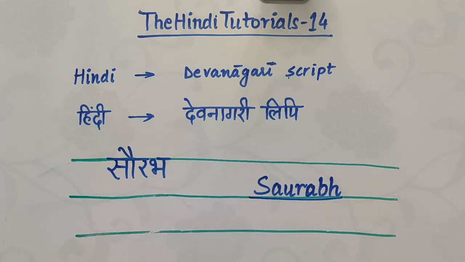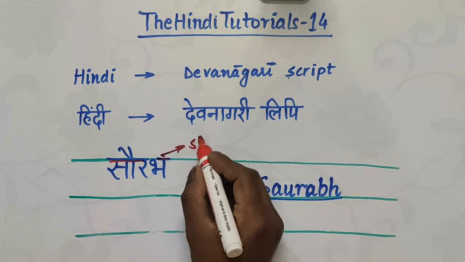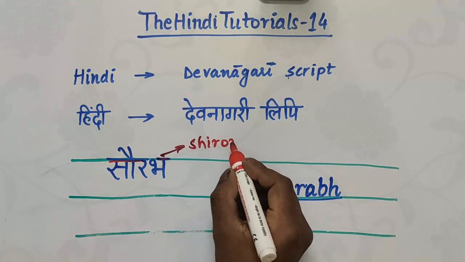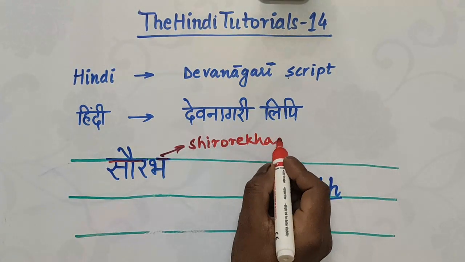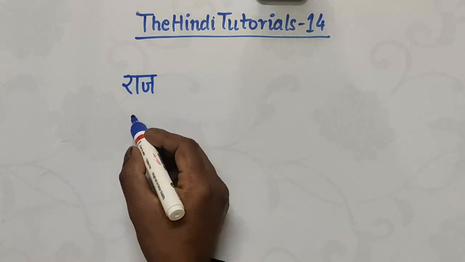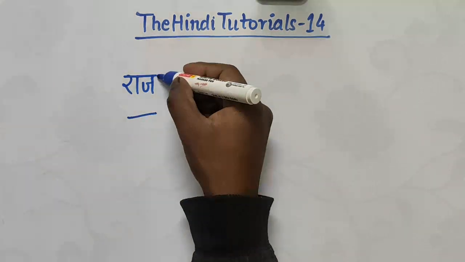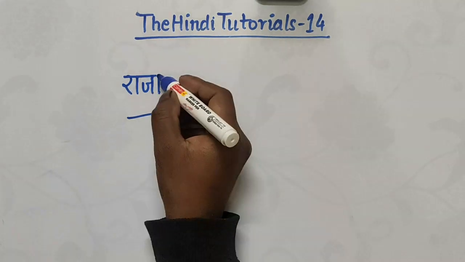Point number 2. Just as an extra information, the above line is called Shirorekha. Point number 3. The pronunciation of previous alphabets or syllables doesn't change by addition of further alphabets or syllables.